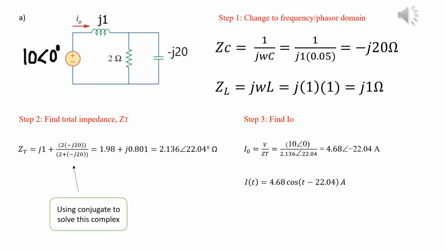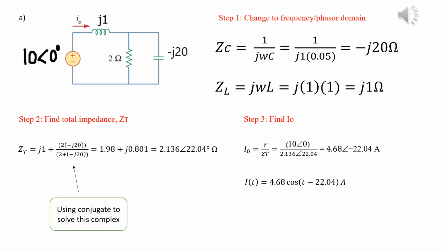The capacitor impedance will be equal to negative j20 and the impedance of the inductor will be j1 ohm. Now step 2, we find the total impedance by adding up all the impedances in the circuit, and the result is 2.136 angle 22.04 degrees ohm.